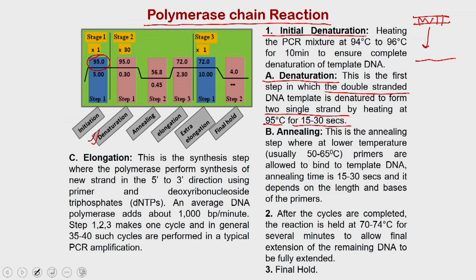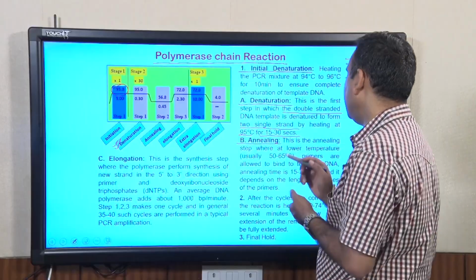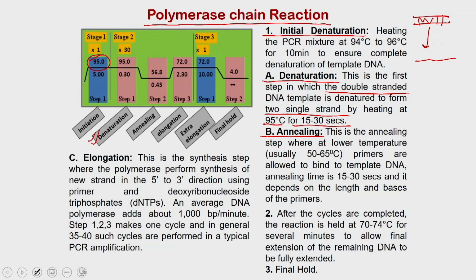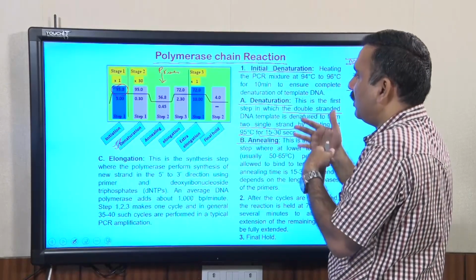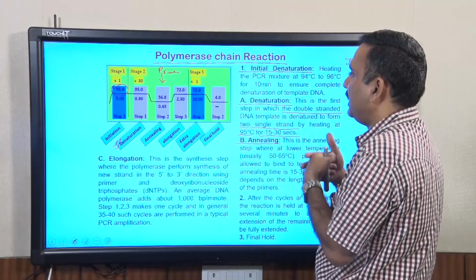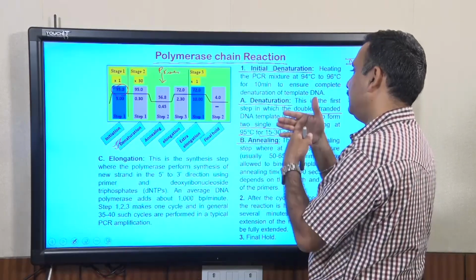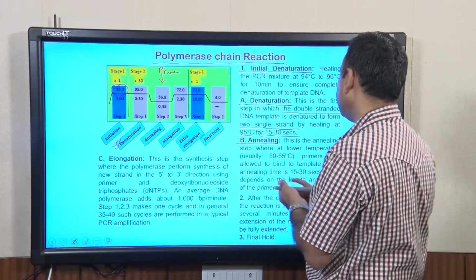Then you go to the annealing step. In the annealing step, you are trying to let the primer sit and attach to the template. So, you will lower down the temperature. Once you lower down the temperature, you are allowing the binding of the nucleotide sequences to each other, or you are trying to make the hybridization of the primer to the template strands.